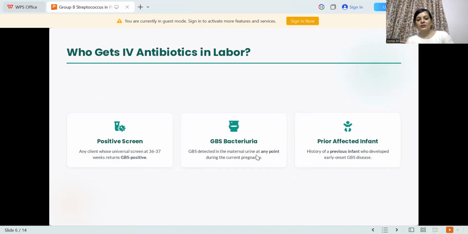And those with GBS bacteriuria, GBS detected in the maternal urine during pregnancy, also require IV antibiotics in labor. Prior affected infant: if in the previous history the patient had an infant who had GBS disease, then in the next pregnancy we need to treat the patient with IV antibiotics during labor.